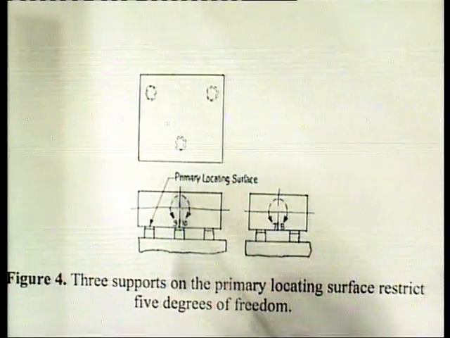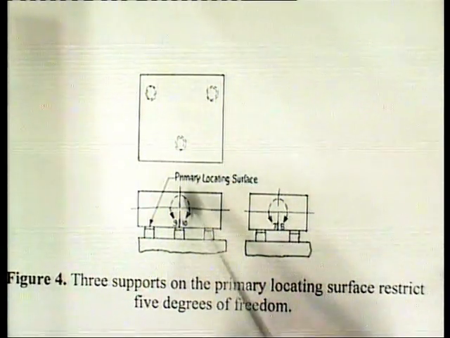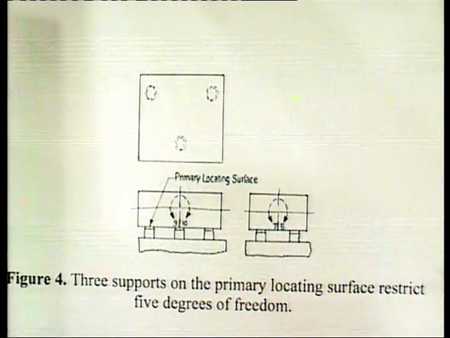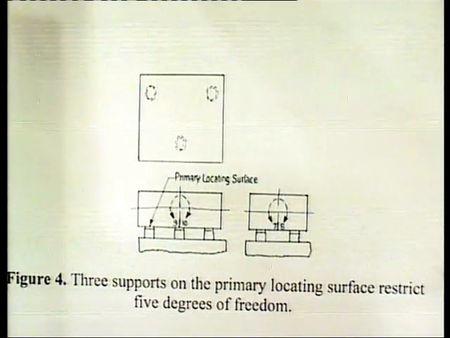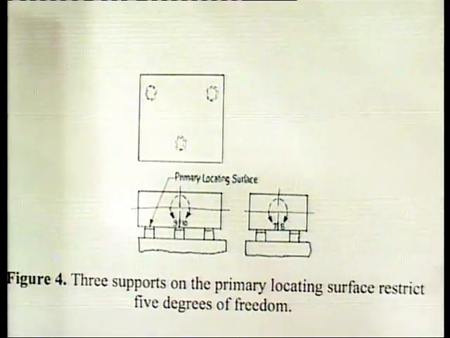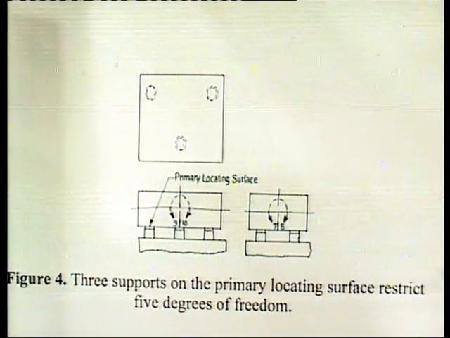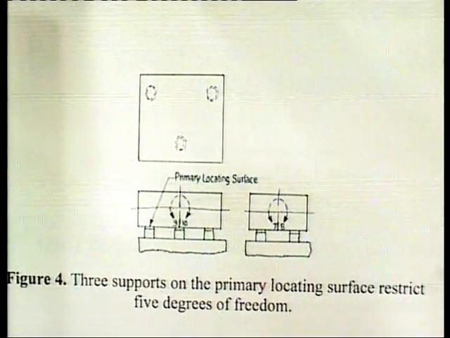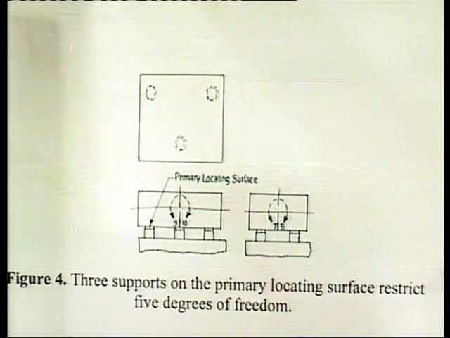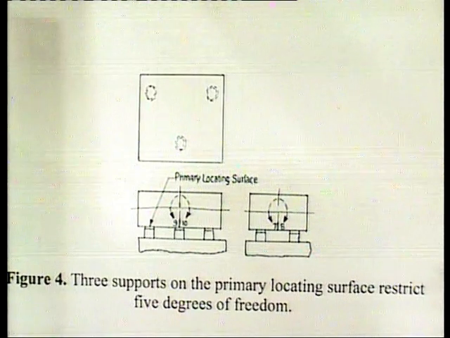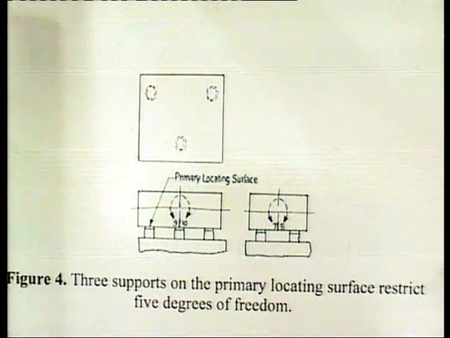This is the minus z axis, which is the traditional 6th degree of freedom, and radially about the x and y axis, that is the 7th, 8th, 9th and 10th degrees of freedom. So, together the 3 locators restrict 5 degrees of freedom.